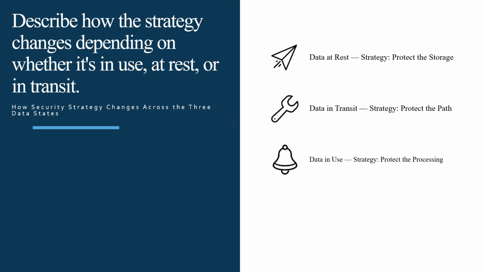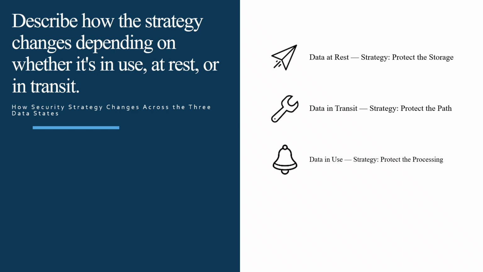Next, we'll talk about data in transit. Strategy: protect the path. Data in transit is moving across the network between devices, servers, cloud servers, or APIs, which is dealing with more of the back end of a website. The strategy focuses on preventing interception, tampering, or even eavesdropping.